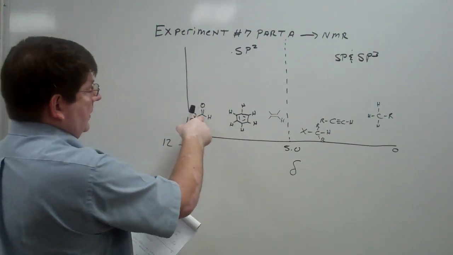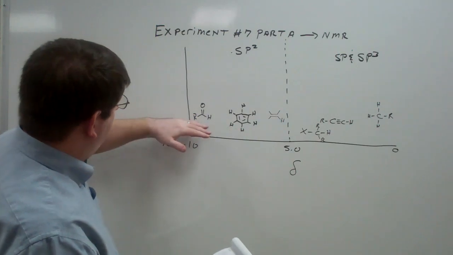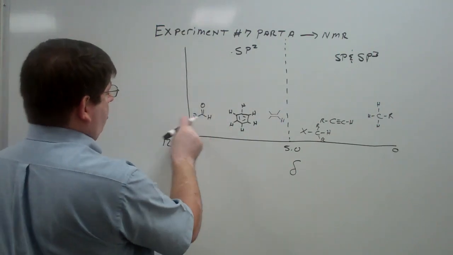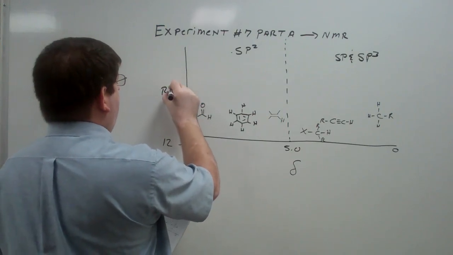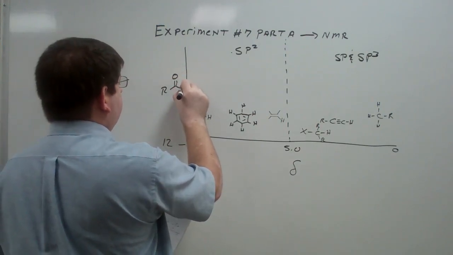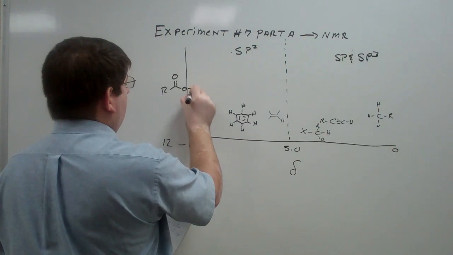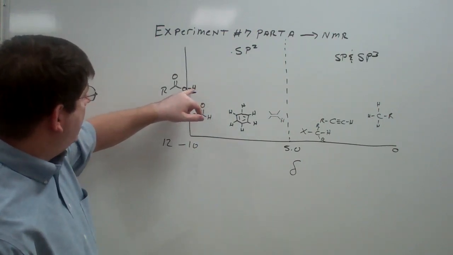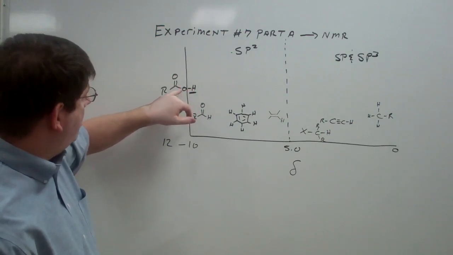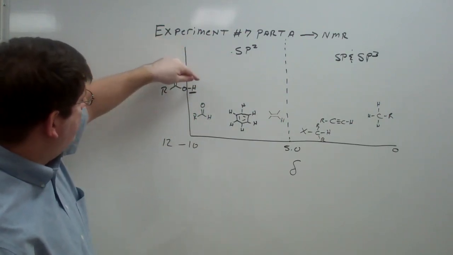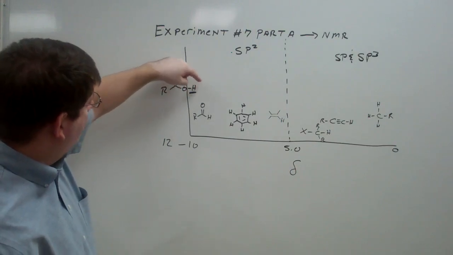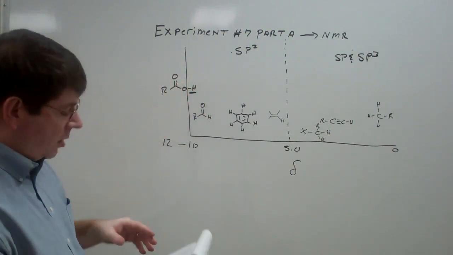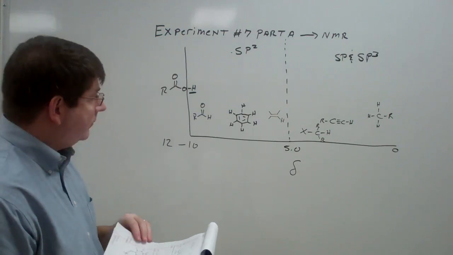That's attached to an sp2 hybridized carbon, so that fits, but it's going to come pretty far down. And between 10 and 12, you'll find things like carboxylic acids. The hydrogen for carboxylic acid will appear way down in this region. Even though that is not attached directly to an sp2 hybridized carbon, we still place it in the sp2 region. That's where it appears, and the group itself is actually attached to an sp2 hybridized carbon, so it appears quite far down the field. Okay?